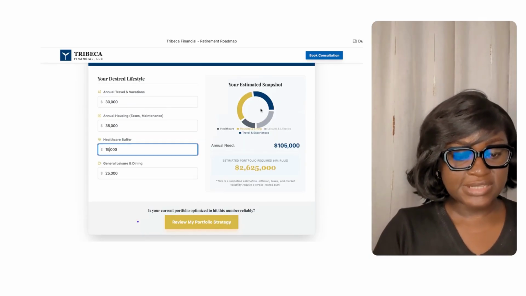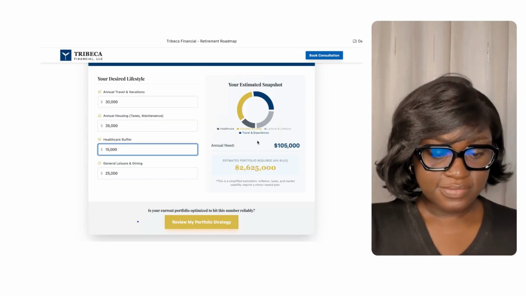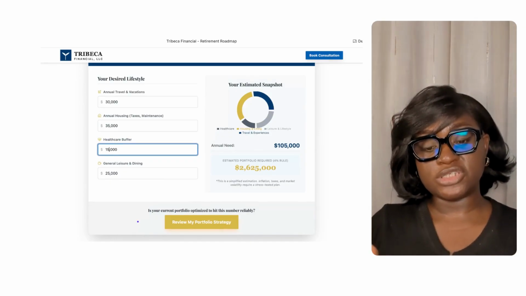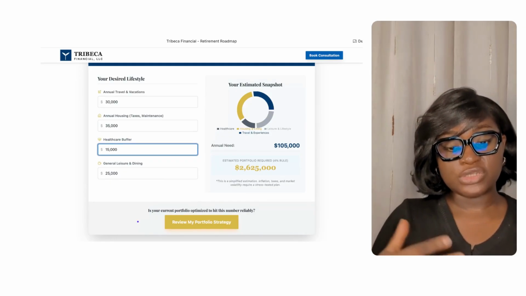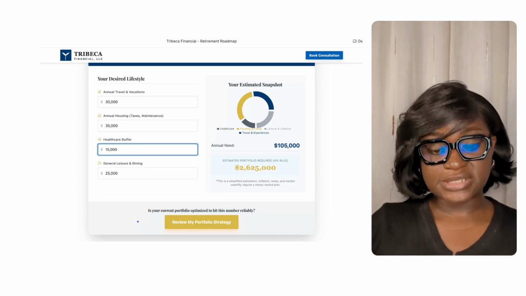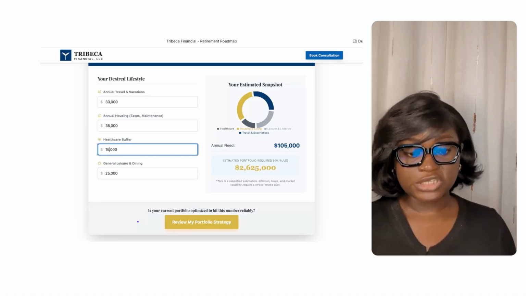So your estimated snapshot. We're getting our results immediately. Annual need, you need about 105. So it's going to show you how much you're going to need every single year after you retire based on your current expenses.